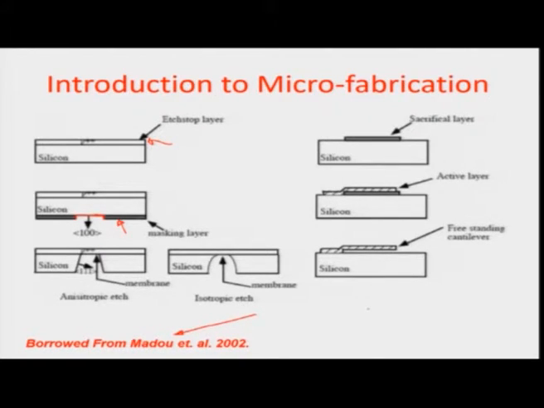So, wherever this masking layer is present, and I will talk in much greater detail about what really is the masking layer and how you will be able to remove the layer or make the layer come up in certain selected regions, whatever chemical we use to etch the particular material, silicon here, which is the white colored material, it does not touch the silicon if there is a masking layer.